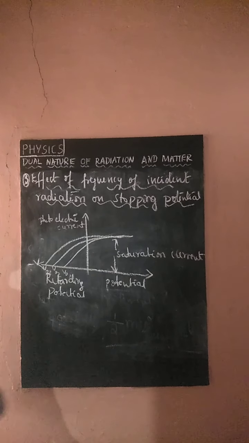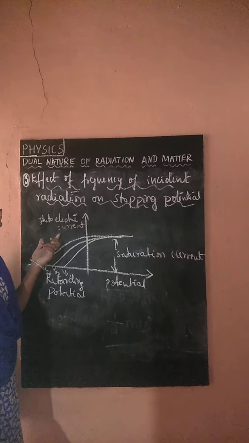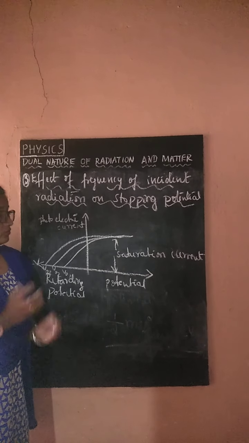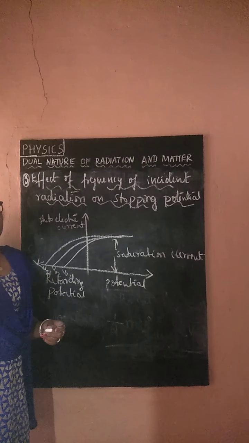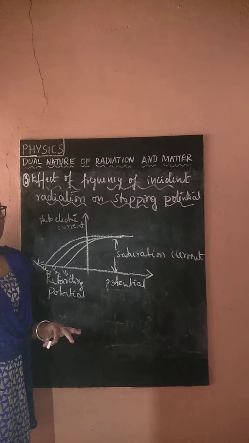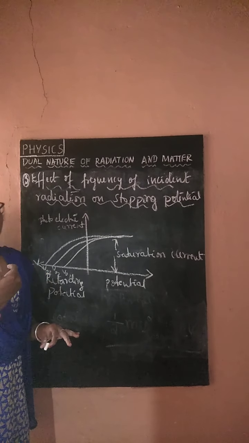Okay, this is the diagram, the photoelectric graph of photoelectric current versus the potential. So here, the intensity of the incident radiation and the photosensitive plate are kept constant. Now we are going to look at the effect of frequency versus the stopping potential, right?